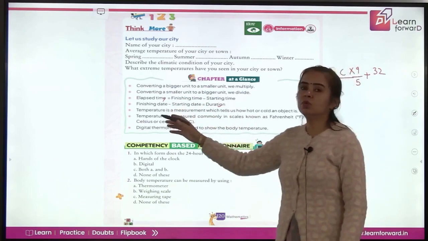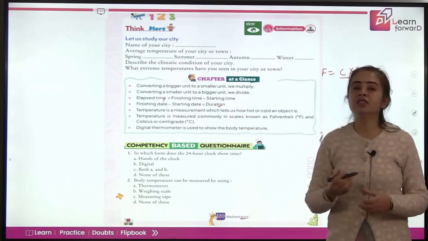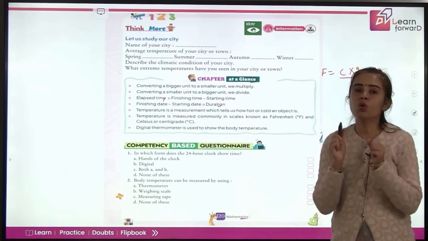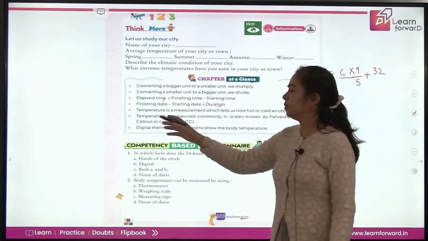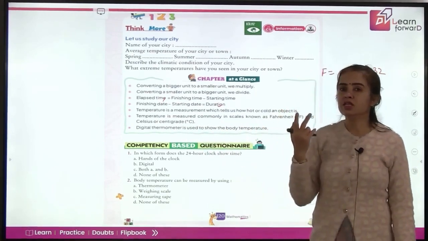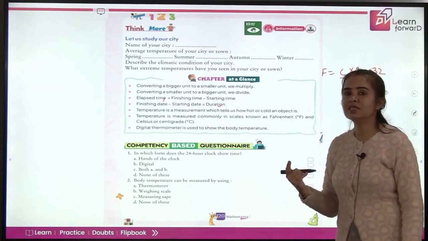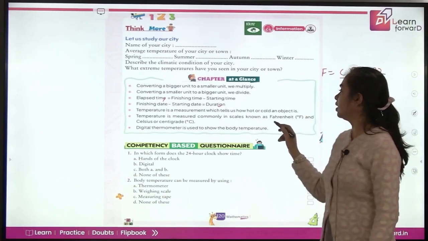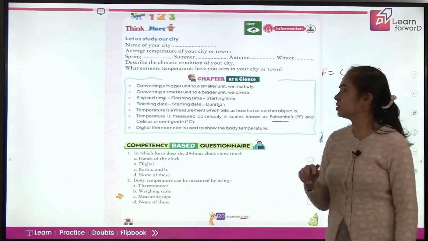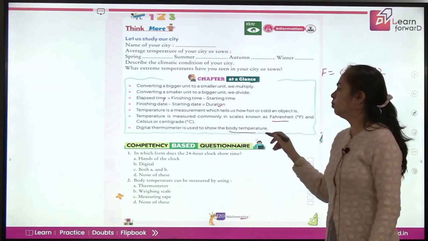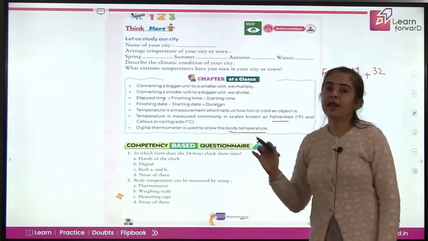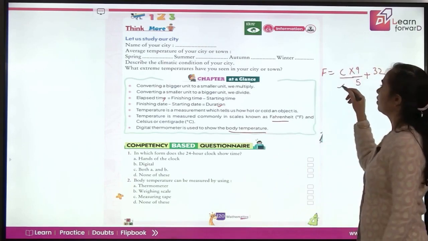Now, temperature, what is it? It is the measurement to see how cold or how hot anything, an object, is. Temperature is measured commonly in 2 scales. One is the Celsius or the centigrade scale and the other is the Fahrenheit scale. Digital thermometer is used to show the human body temperature. And then for conversions, we have this formula.